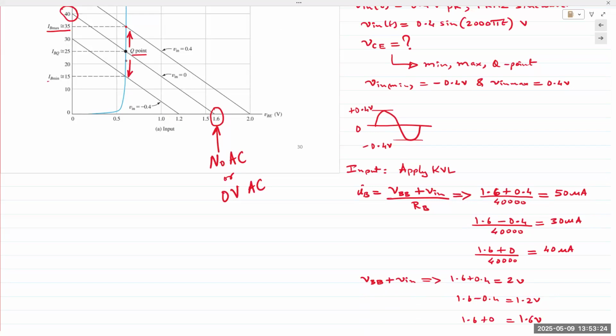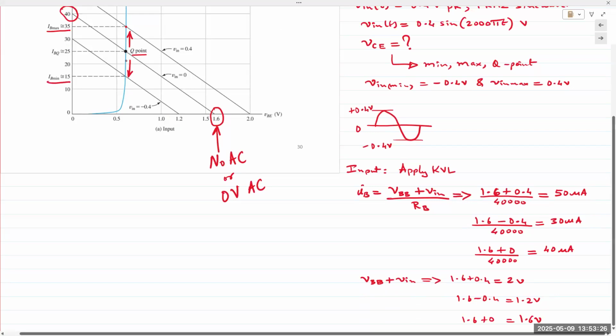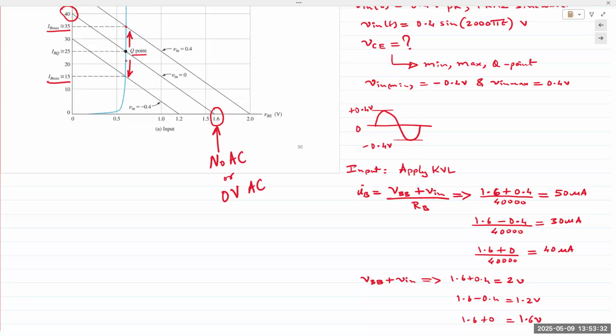And the intersection point gives us an IB value of 15 microamps. So our input current IB is varying between 15 microamps and 35 microamps.